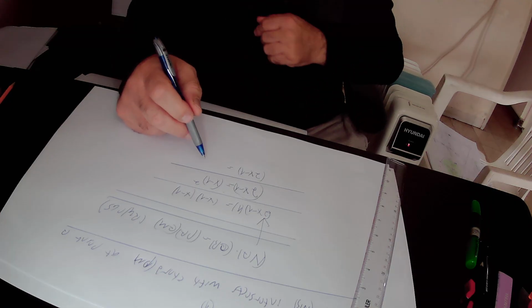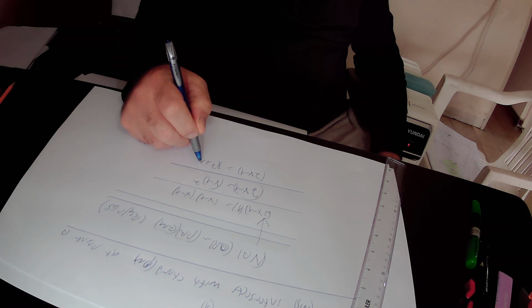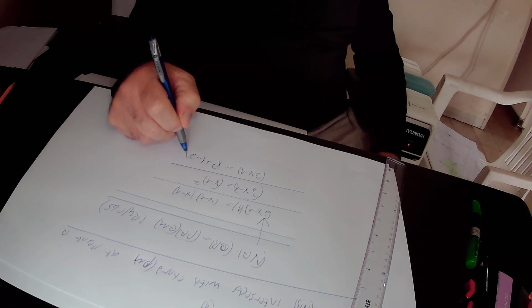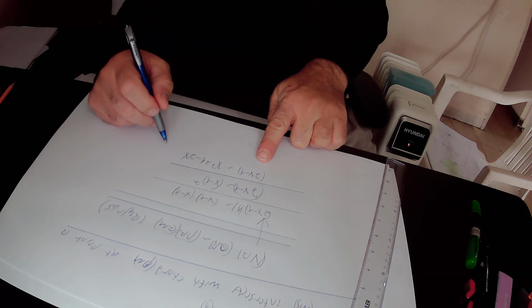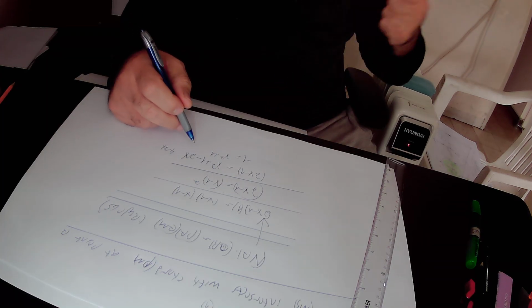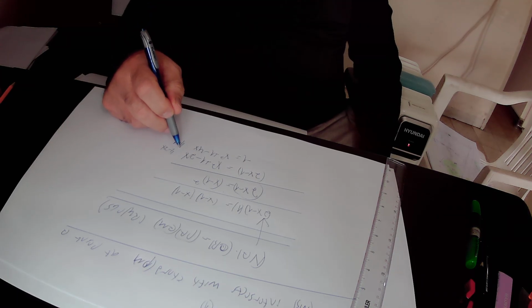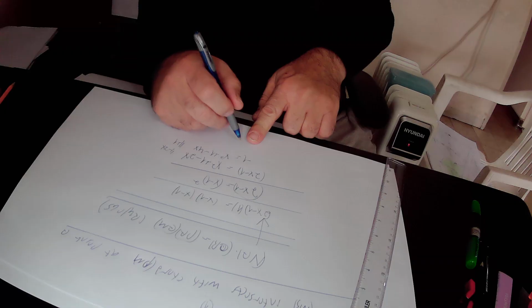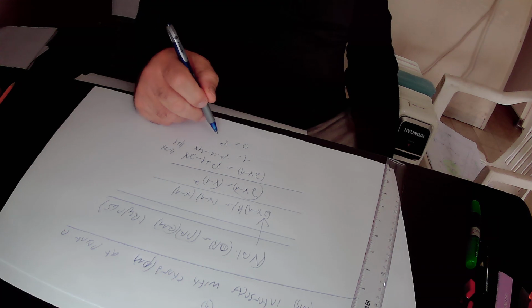We'll open the brackets of this expression, and we get that X minus 1 squared equals X squared plus 1 squared, that is 1, minus 2 times X times 1, that is minus 2X. Here we'll subtract 2X from this equation, and we get minus 1 equals X squared plus 1, minus 4X. Here we'll add 1 to the equation. On this side we're left with 0, and on the other side we have X squared, 1 plus 1 is 2, minus 4X.